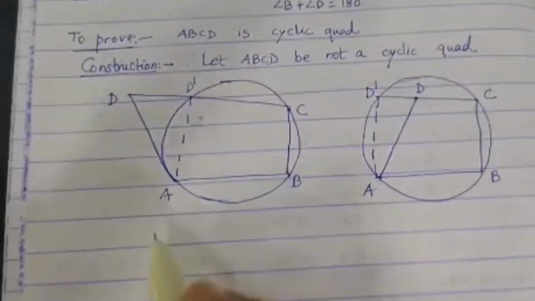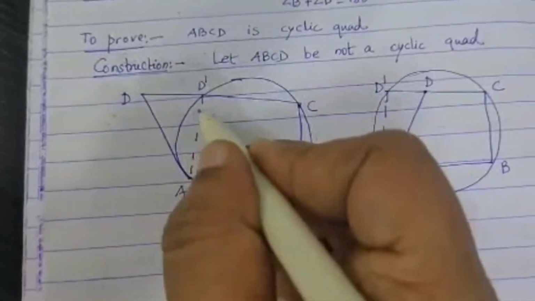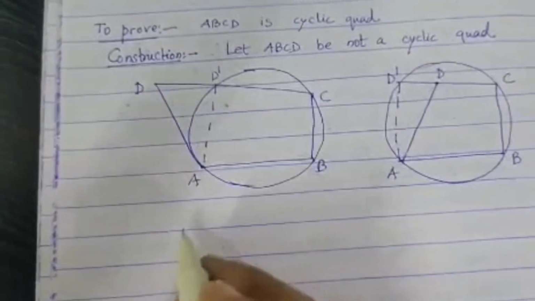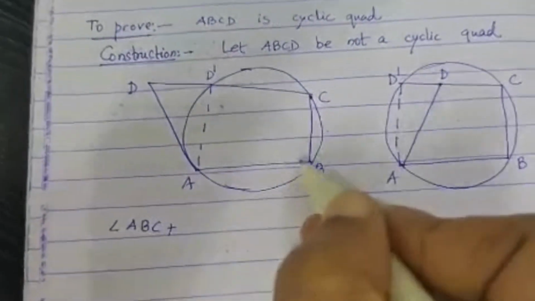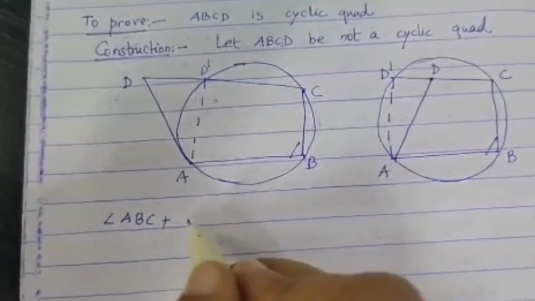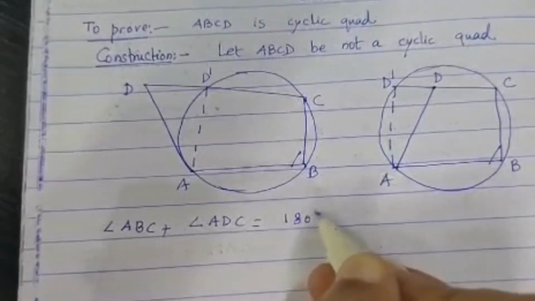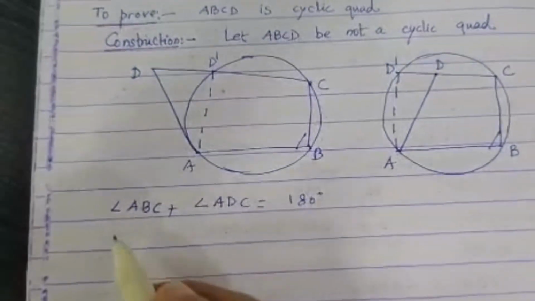Now we have joined D dash A in both the cases, so that it becomes a cyclic quadrilateral. Now in both the cases you can see angle ABC plus angle ADC is equal to 180 degrees, given. Angle B plus angle D is 180 degrees.